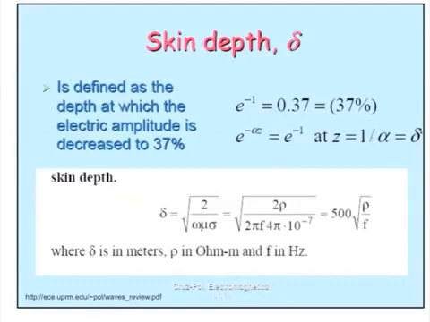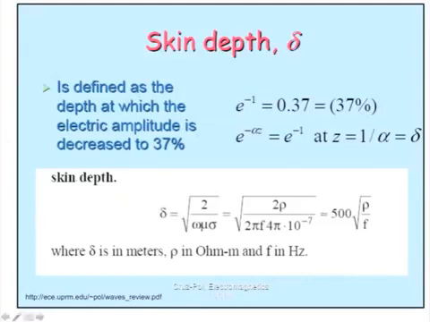Skin depth is defined in an exponential way. The radio wave amplitude dies exponentially as it gets below the surface of the material, and we can examine what the skin depth would be for different experiments and different materials.